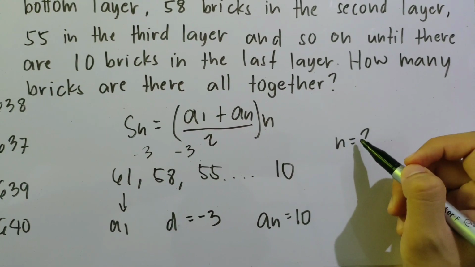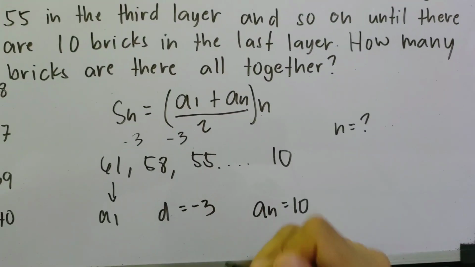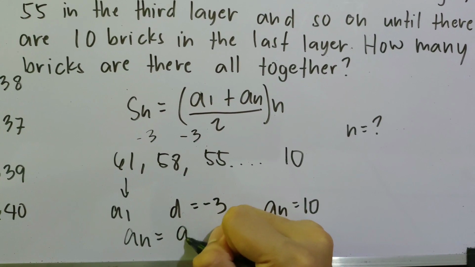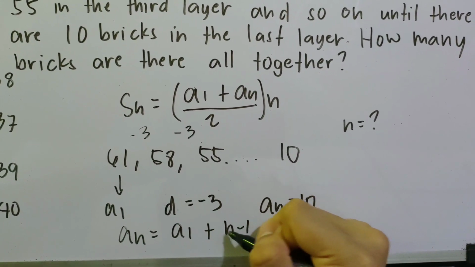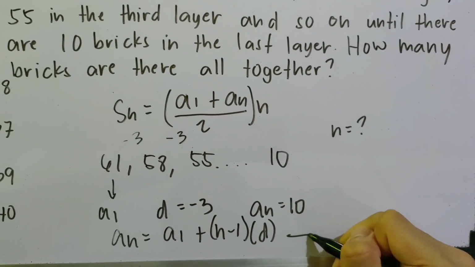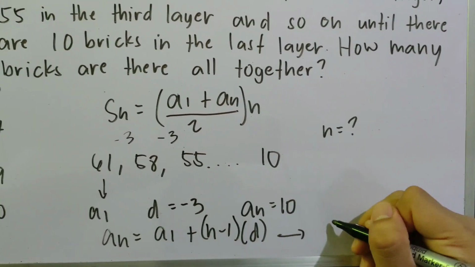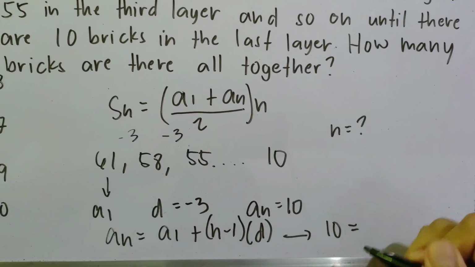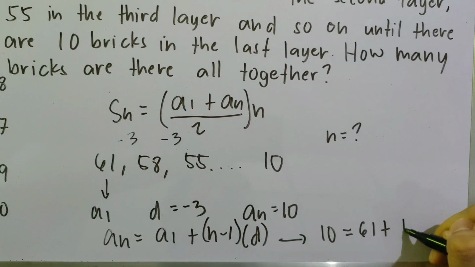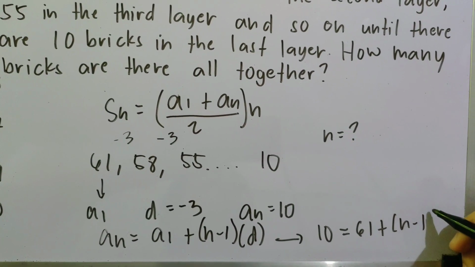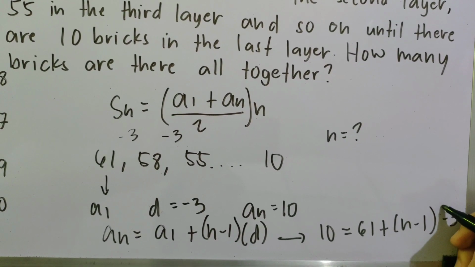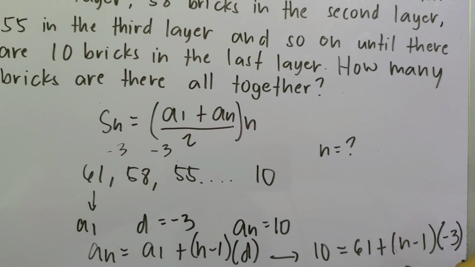So, hanapin natin yung n gamit itong mga given na to. So, dun sa formula natin na an equals a1 plus n minus 1 times d. Ito magiging yung an natin ay 10 equals yung a1 natin ay 61 plus n minus 1 times yung common difference natin na negative 3. So, i-solve natin to.